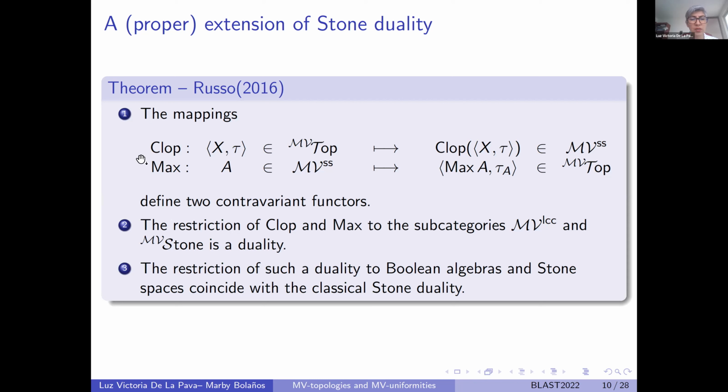These functors are contravariant, and the restriction of Clop and Max to the subcategories MV-LCC, the limit cut complete MV algebras, and Stone MV spaces is a duality. And the restriction of such a duality to Boolean algebras and Stone spaces coincides with the classical Stone duality.